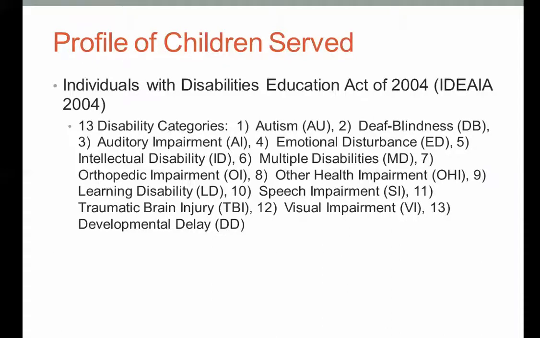Both of those disability categories, ID or LD, require an IQ assessment as part of the diagnosis. So while IQ assessments can be used for a variety of different reasons, specifically those two disability categories will be talked about most in the class.